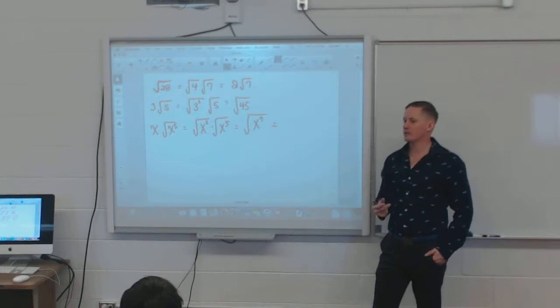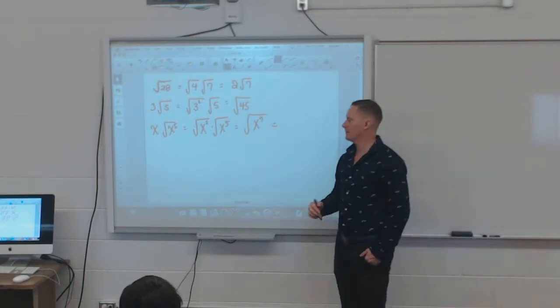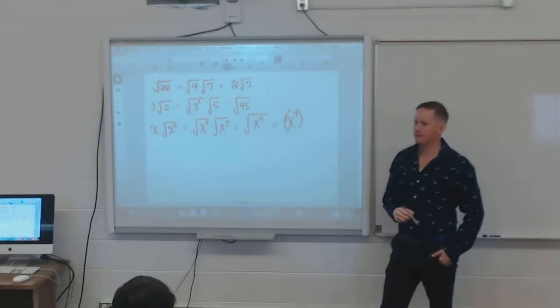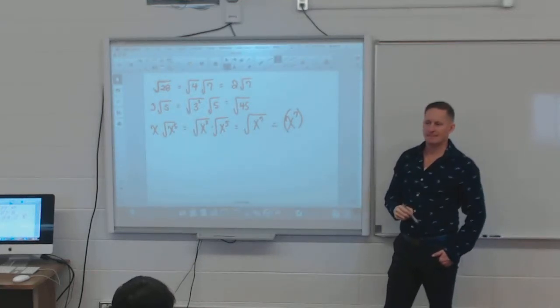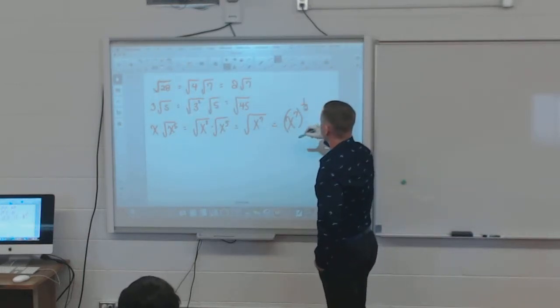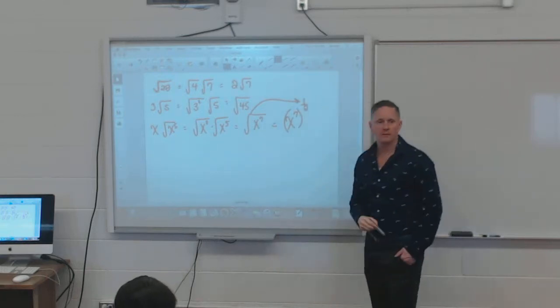So the question is, what is the square root as an exponent? Then wouldn't it be x squared? Oh, half. Yeah, 1/2. That's right. So that's what it is.